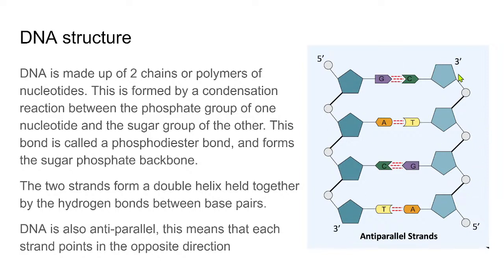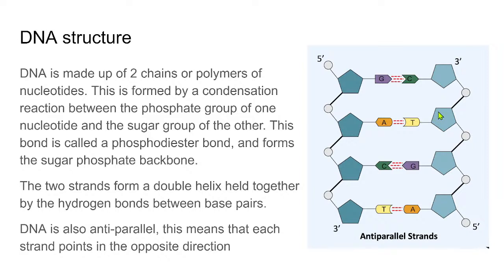If you look, these pentagons are pointing downwards, these ones are pointing upwards. This is because DNA is anti-parallel. It's parallel because they're both going along, and then anti because one's going in the opposite direction. This isn't too important for now, but you do have to remember that it's anti-parallel, especially when drawing it, that these point in opposite directions.